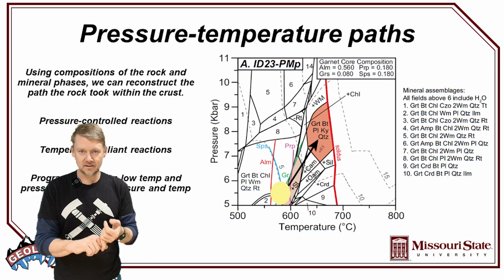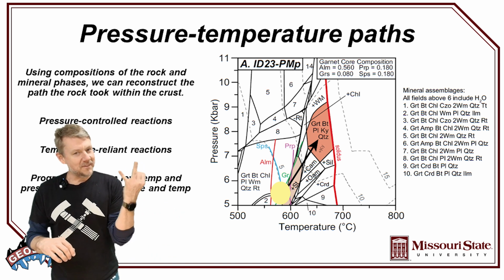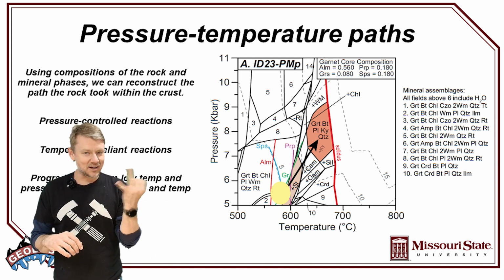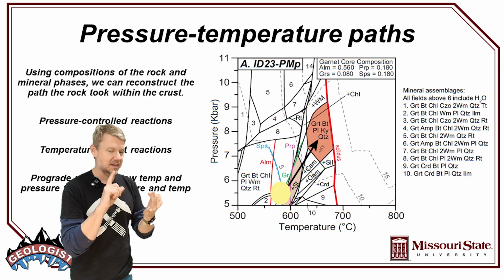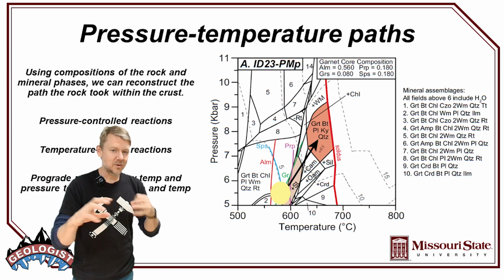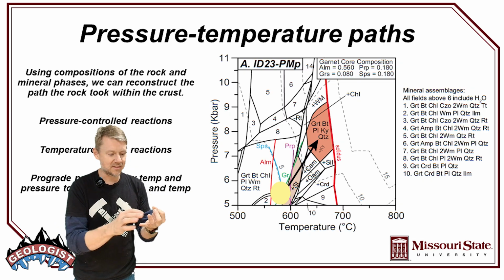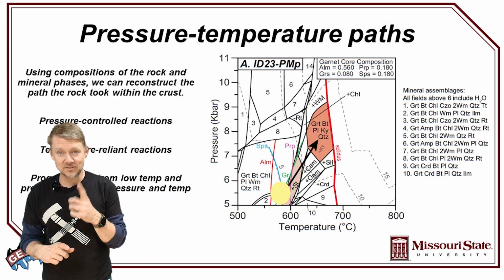We know garnet and biotite both take in iron and magnesium. And what they do is they exchange that iron and magnesium based on the temperature. So if we can get a chemical analysis of the garnet and a chemical analysis of the biotite, we can do some nice fun chemistry math and figure out what theoretical temperature they equilibrated at. That gives us a temperature.